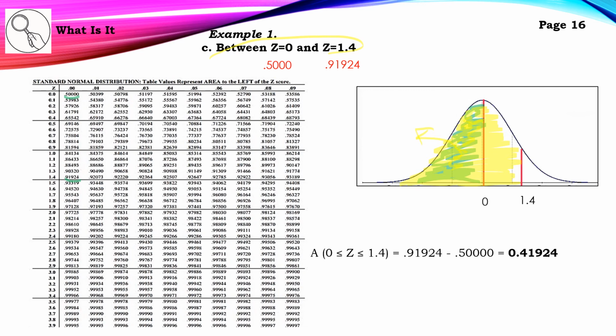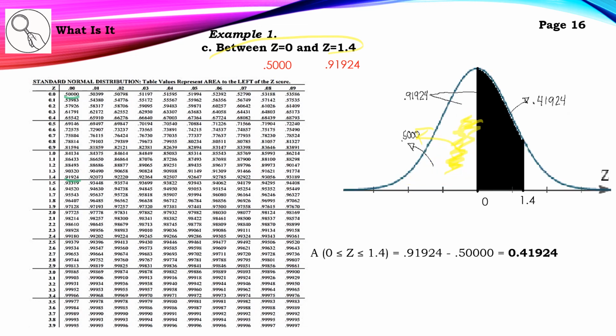Since it is 0.5, we will deduct this from the area of 1.4. So 0.91924 minus 0.5 equals 0.41924. So this is now the area that we need. So we have 0.41924.